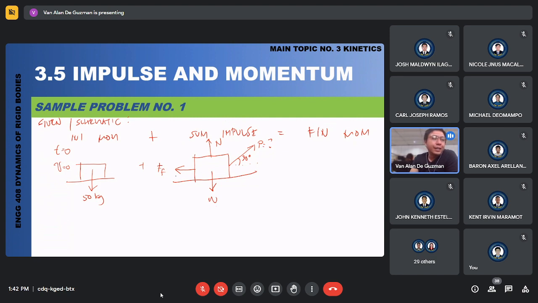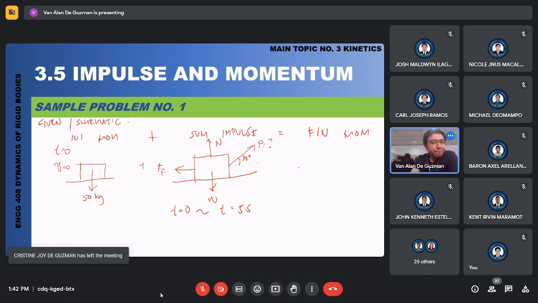So ito po yung ating summation of ating net, yung ating forces or the net force natin. And lastly, we need to take into account, kasi diba ito ay force, summation of force times change in time, dt. So ano po ba yung duration naman in which this net force is applied? We have at t is equal to 0, papunta po sa t is equal to 5 seconds.